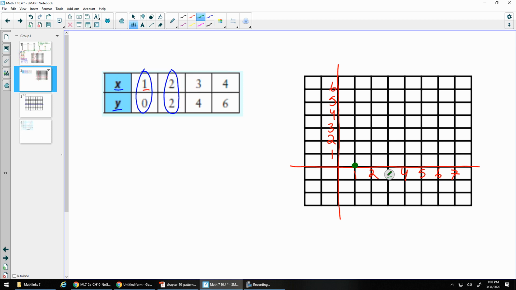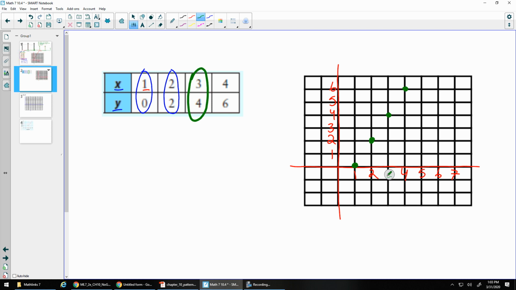When x is equal to 2, y is equal to 2. That coordinate is right there on our Cartesian plane. When x is 3, y is equal to 4. That would go right here. And x is 4 and y is 6. That would go right here.